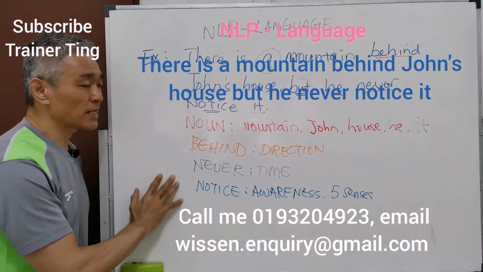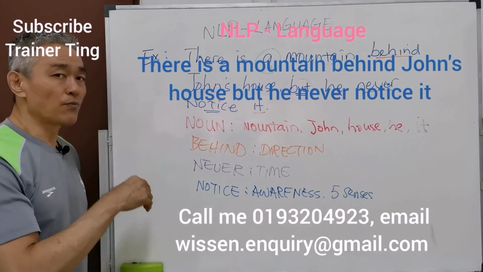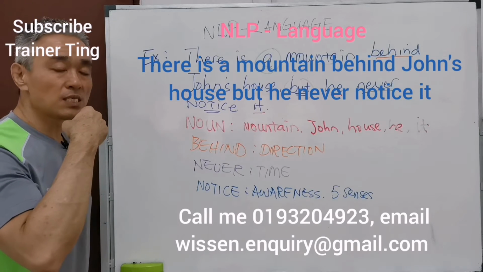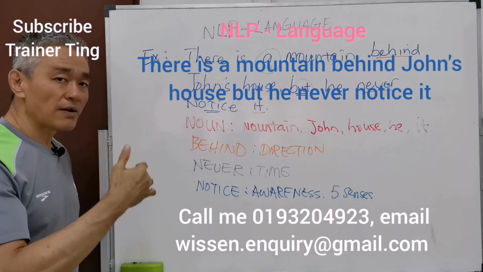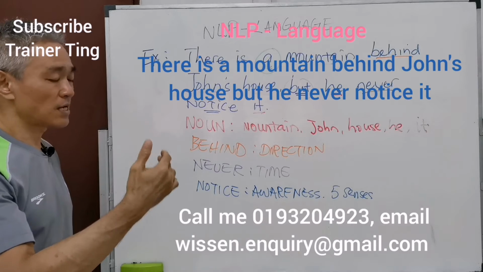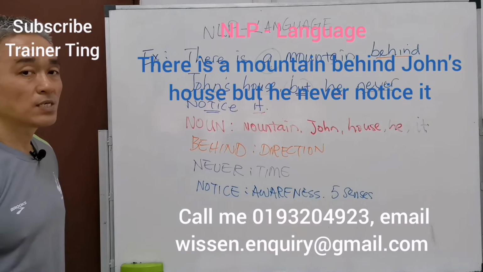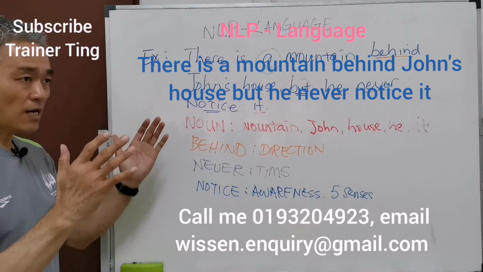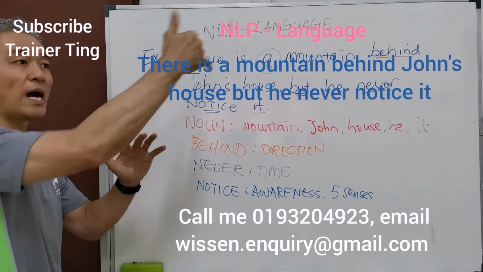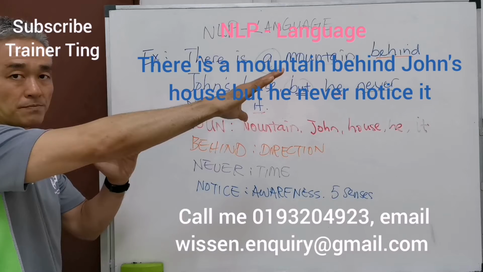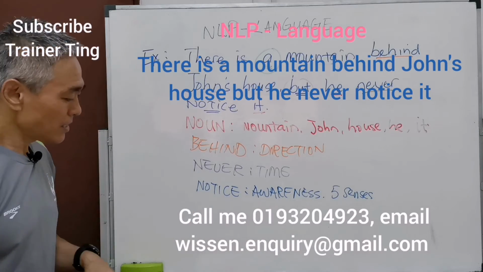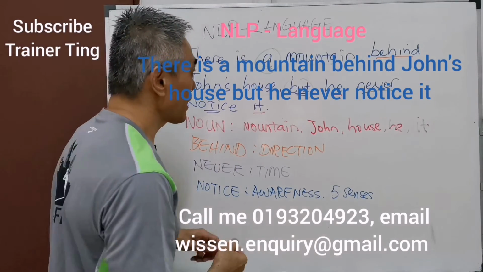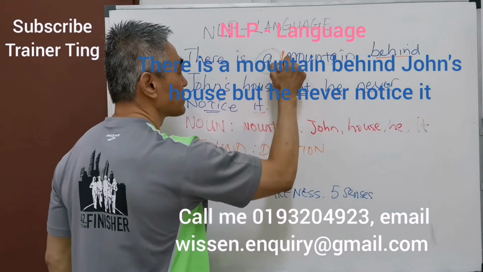Because when we pay attention to all these things, then we can notice there is a mountain behind John's house, but he never noticed it. So we will have the idea that John's house is like this, and behind that there is a mountain. And then we can put another word, a high mountain, for example.